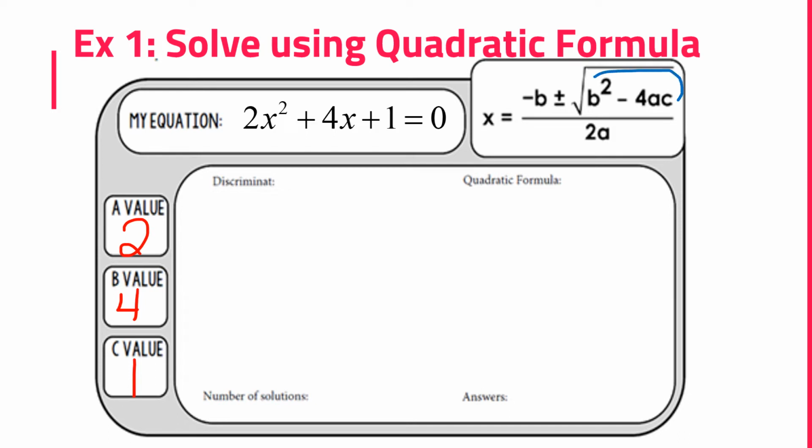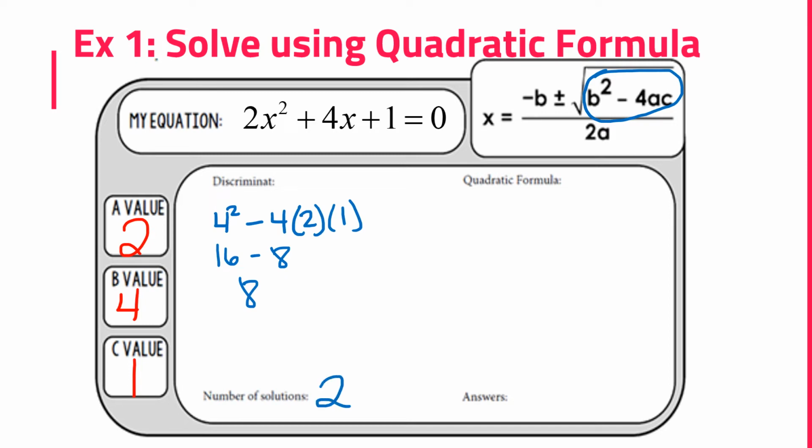Let's talk about how many solutions we're going to have. If I use the discriminant, I'm going to have 4 squared minus 4 times A times C. 16, subtract 4 times 2 times 1 gets me 8. That's a positive integer, so that means we are going to have two solutions.